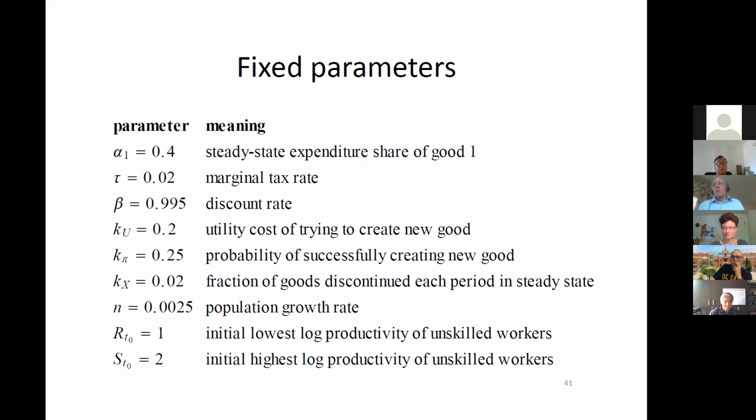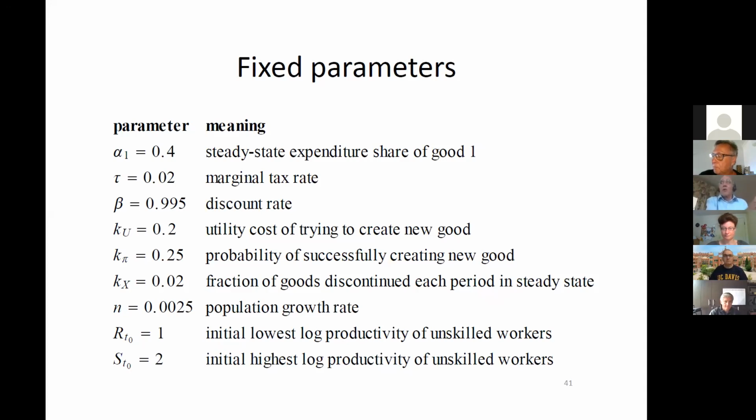To do a numerical example, I'm going to fix some of these parameters. Let me just mention some of the values I use. Alpha 1 is the steady state share of spending on the undifferentiated good 1. Tau is the marginal tax rate, 2%. That sounds very low, but the only thing taxes do in this model is to provide unemployment compensation.